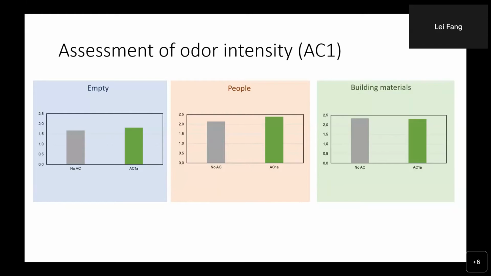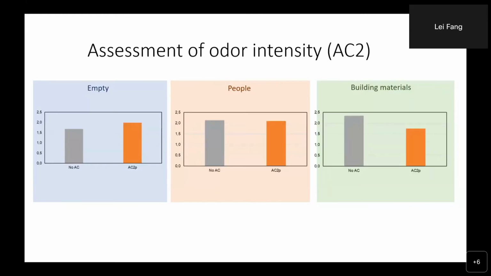It seems the odor intensity increased slightly when we ran the ionizer, but the difference is not significant. The same when we use other pollution sources. There's not much difference in the odor intensity assessment.